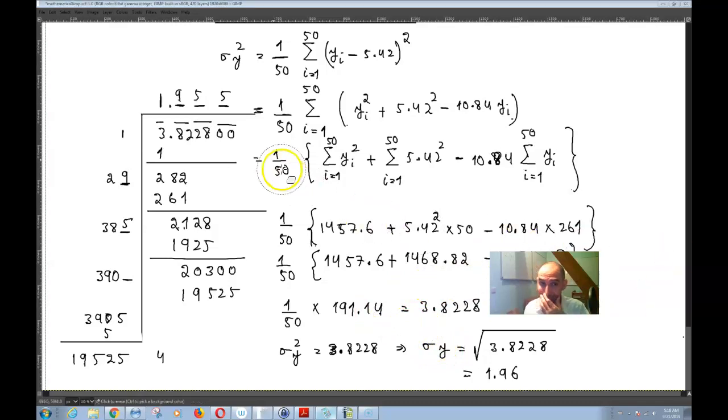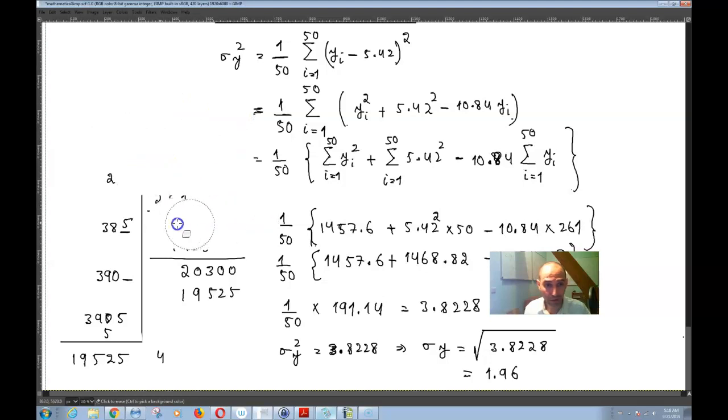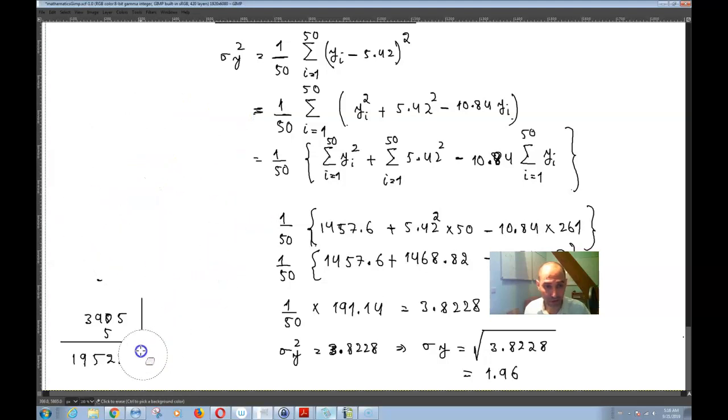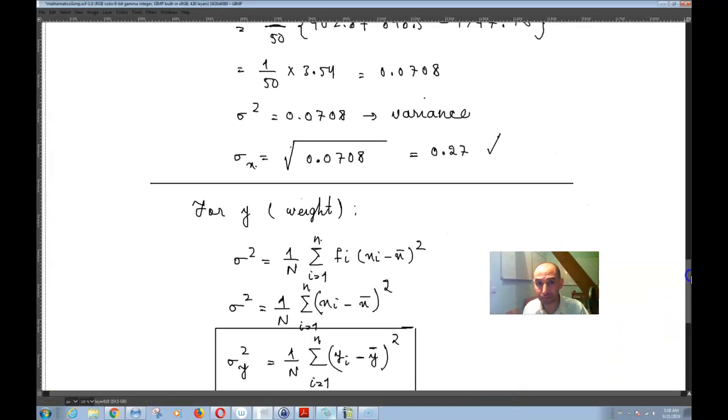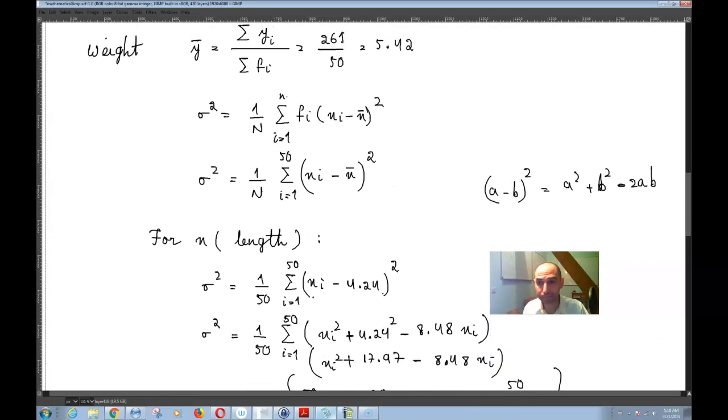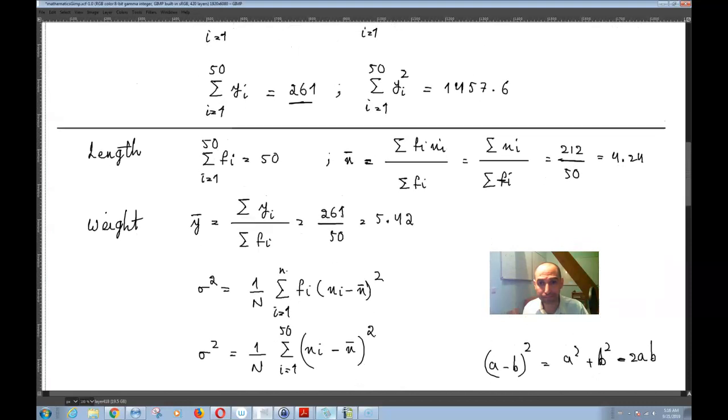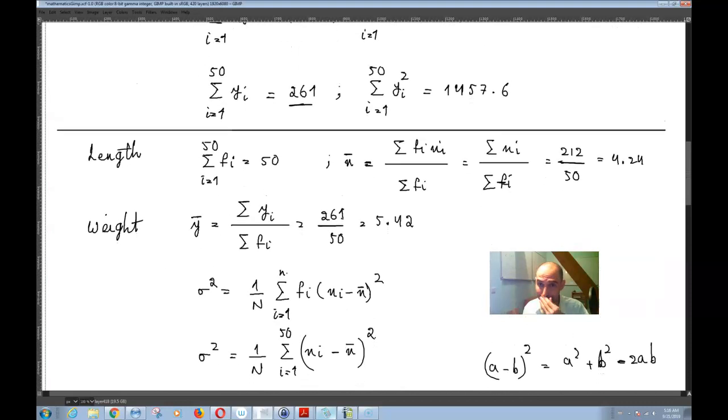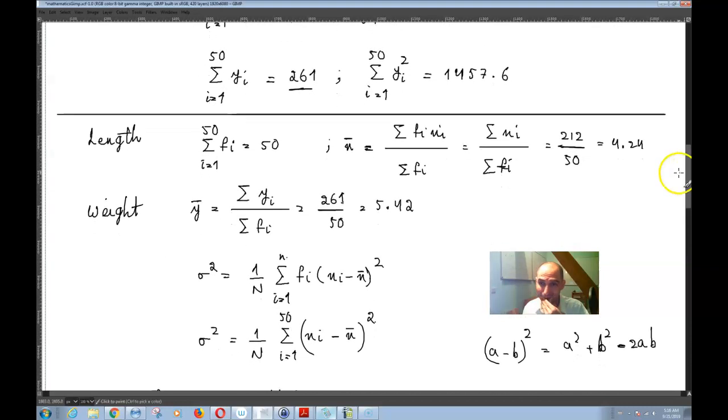So as you can see, now what I need to do is calculate the coefficient of variation of these two distributions. So sigma of y is equal to 1.96. We calculated x bar as 4.24, y bar as 5.42.